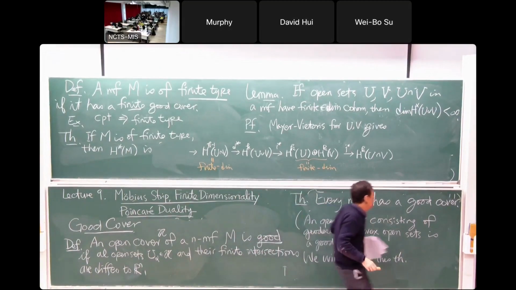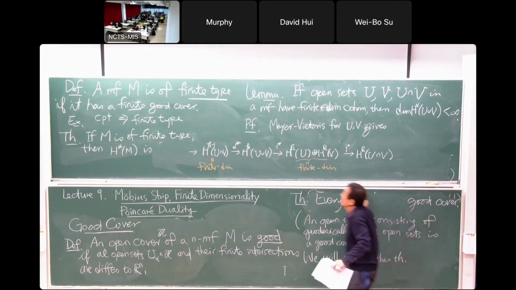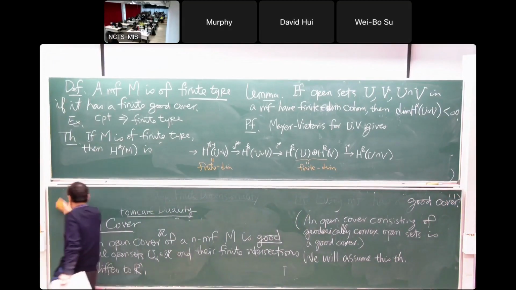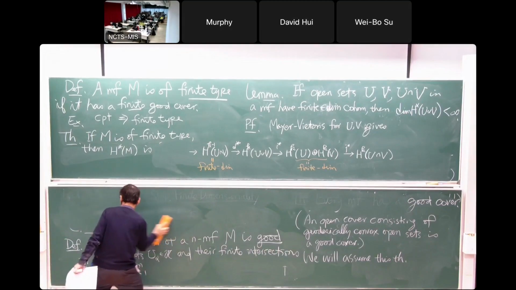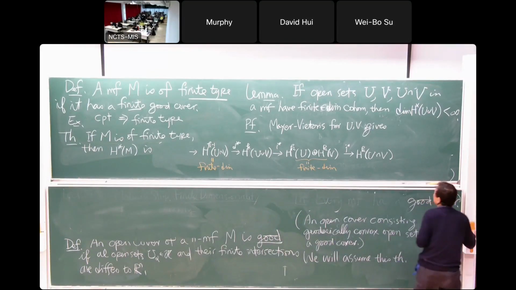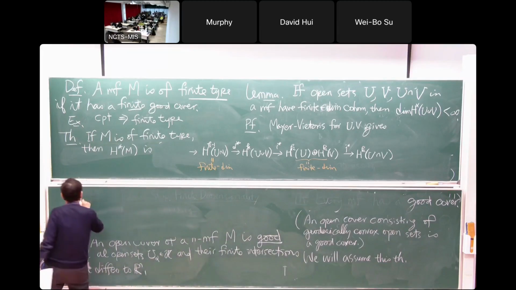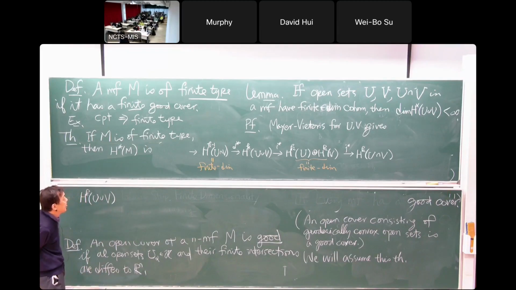So I want to relate H^k of U union V to these two other terms.